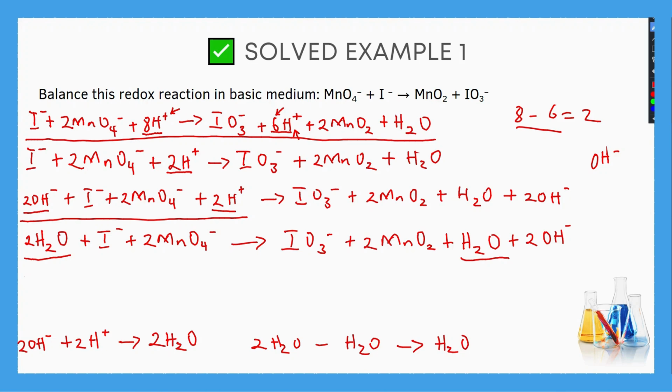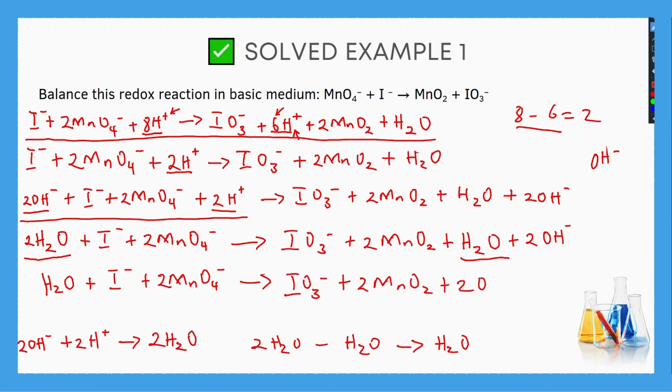So after doing that, we end up with this final equation: H2O + I⁻ + 2MnO4⁻, giving us IO3⁻ + 2MnO2 + 2OH⁻.